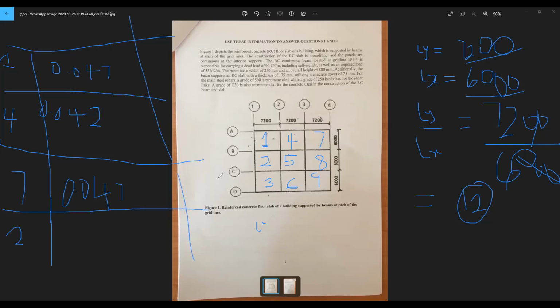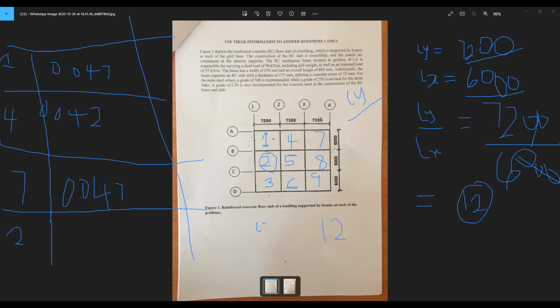Let's go back, we are at panel 2 now. As we classified it already, panel 2 is one short edge discontinuous. The dimensions are the same, so our ratio will be the same. If the dimension should change for any of the panels, you should consider finding your Ly over your Lx, because if you have different dimensions for different panels, your ratio is going to change.